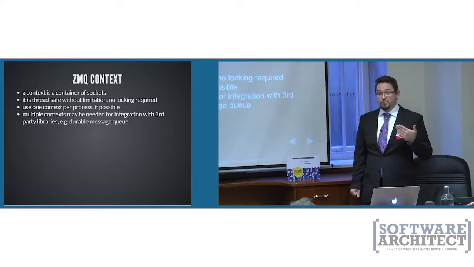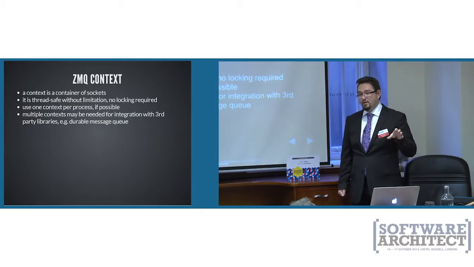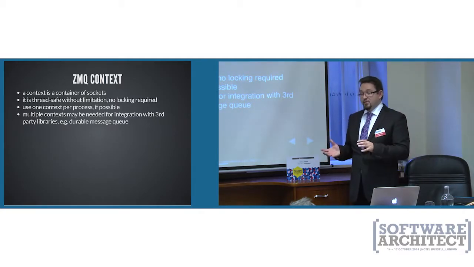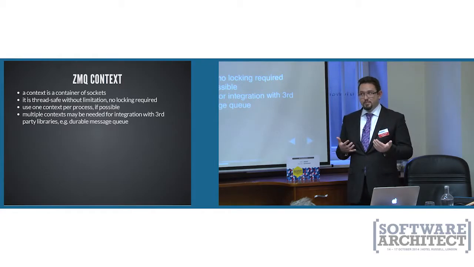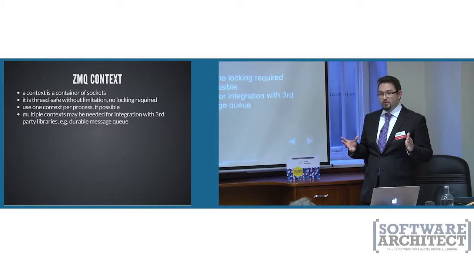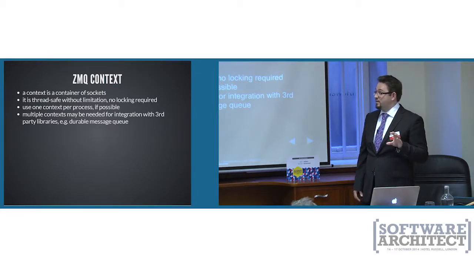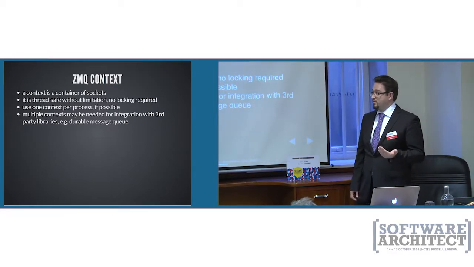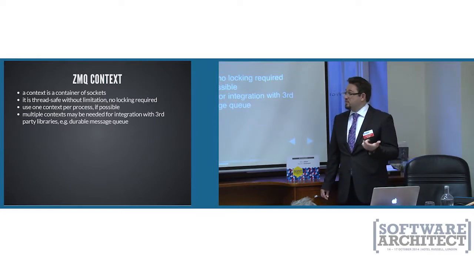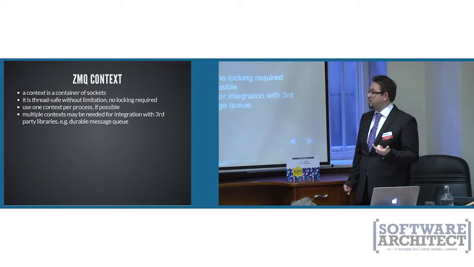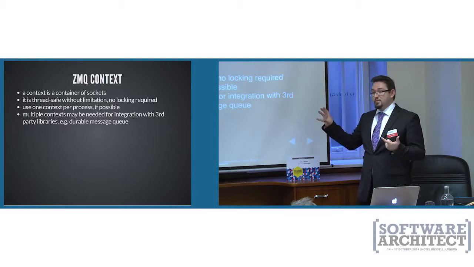The authors of ZeroMQ tried to create an API which is very close in terminology to the POSIX networking API, but it's not the same. So one is a context.